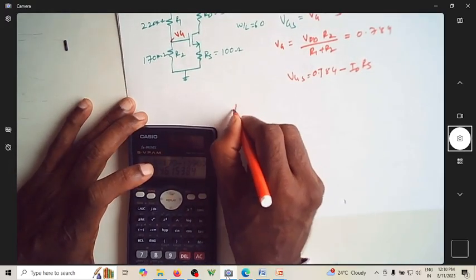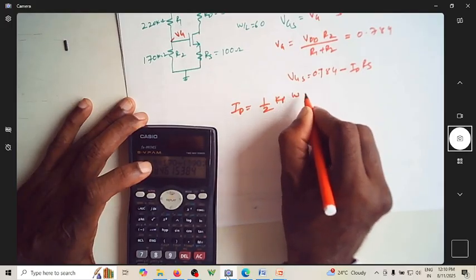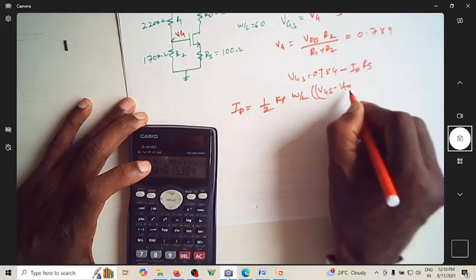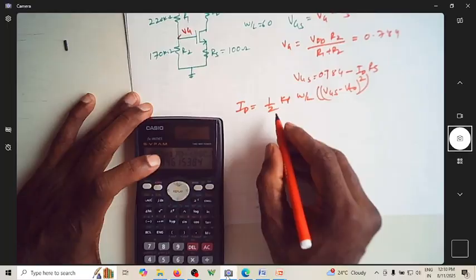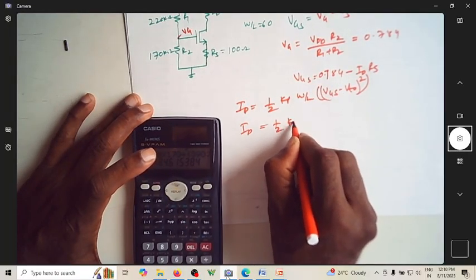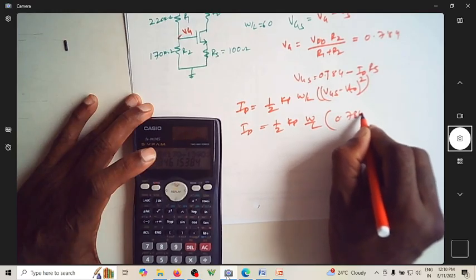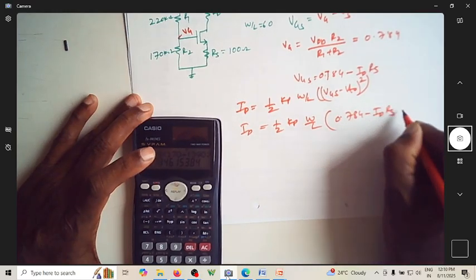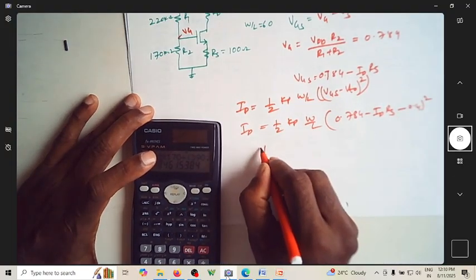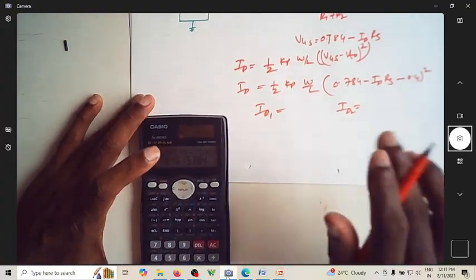So write the ID expression. ID is equal to half Kp W by L into (VGS minus VTO) whole square. Again, what is VGS? It is ID into half Kp W by L into (0.784 minus ID into RS minus 0.4) whole square. So again, ID1, ID2: there are two possible solutions.